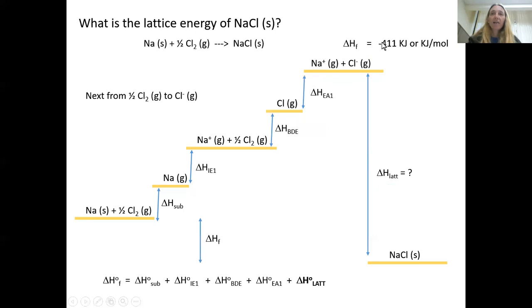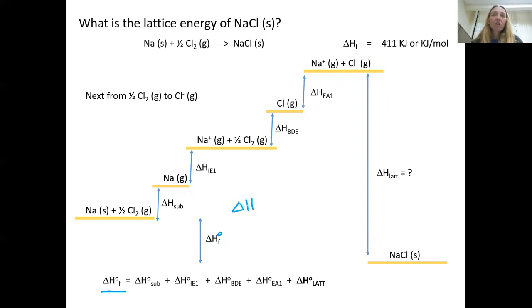On my next slide, I have every single thing filled in. Now what I do is take my delta H F. This little dot means standard conditions. I was too lazy to write standard conditions on all of these steps; we're just looking at things under standard conditions.